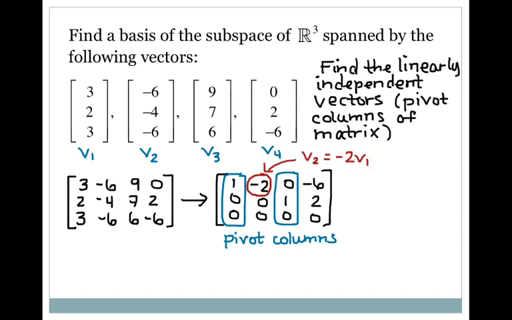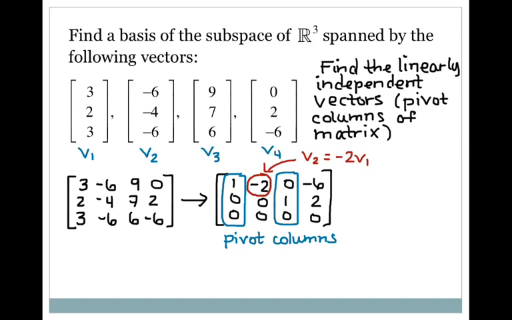Okay, now let's look at this -2 in column 2. If I compare column 2 to column 1, I can see that I can rewrite column 2 as -2 times column 1. So v2 is -2 v1. You can see that by looking at your original vectors, 3, 2, 3, and -6, -4, -6. v2 equals -2 v1.